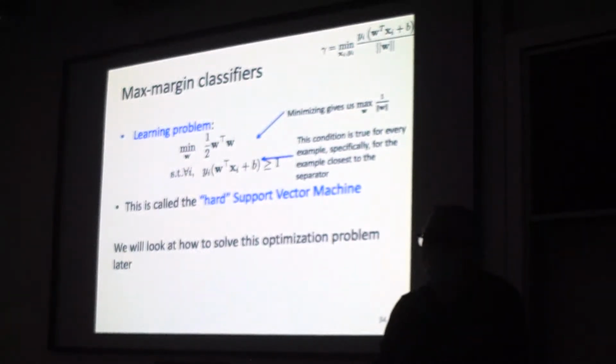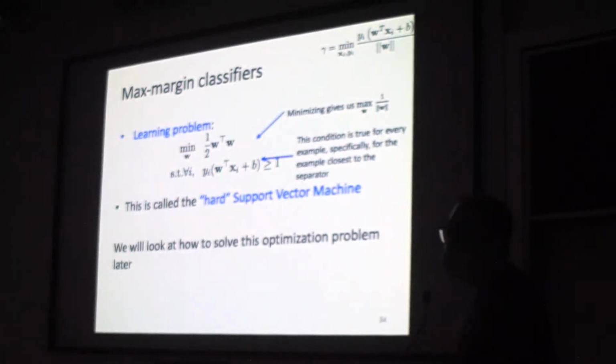You can always find 2 or 3 points in this data set which cannot be correctly labeled by your classifier. In that case, you cannot find a feasible region for W, B. You don't have a set of W, B which satisfies all those constraints, not to mention solving that problem.